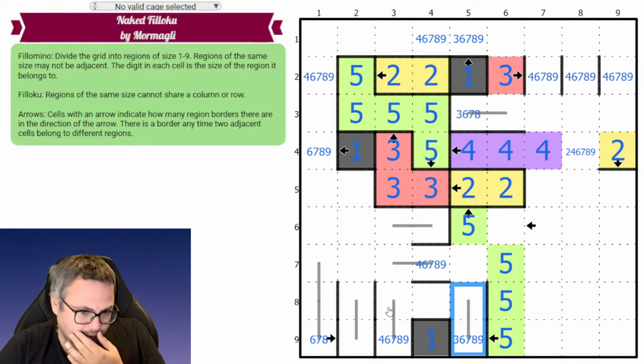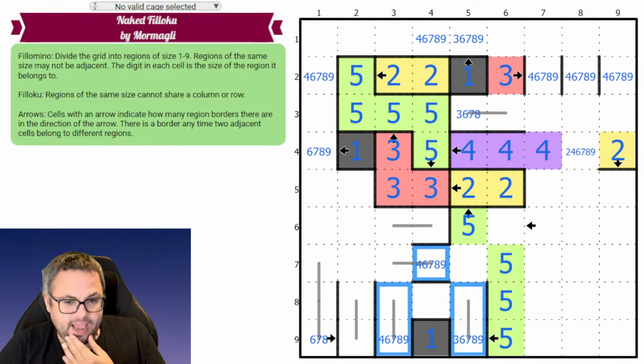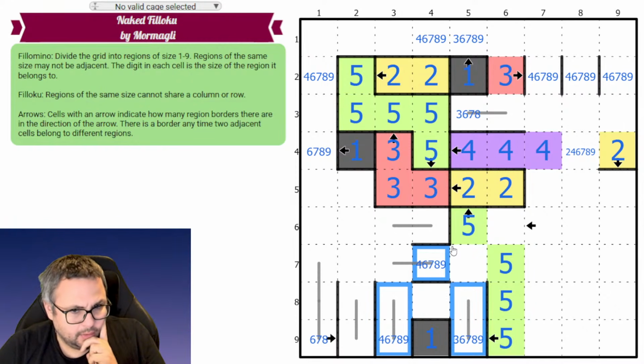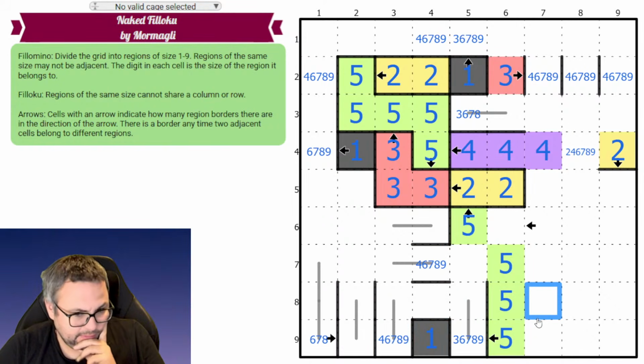And so one of these has to be pretty small. Yeah, these can both be a 6. That's fine.